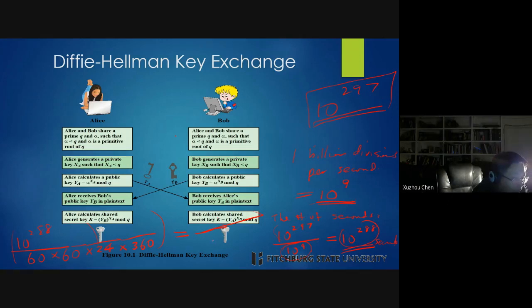So 100 million is 10 to the 8, right? So 10 to the 288 divided by that is 10 to the 280 years.